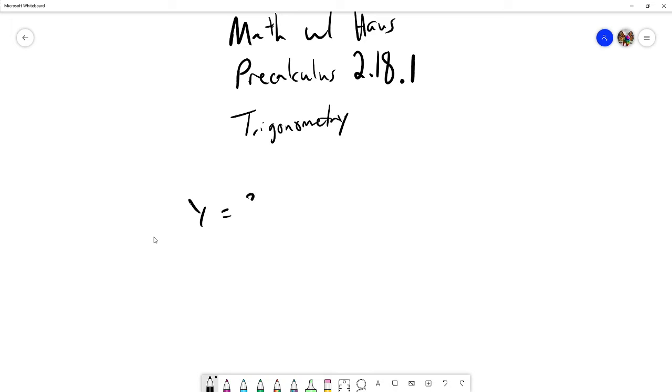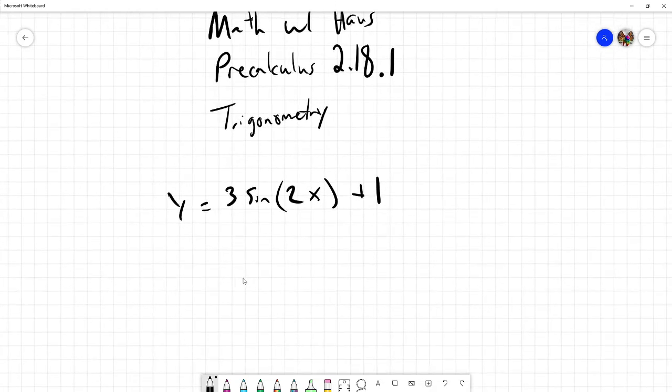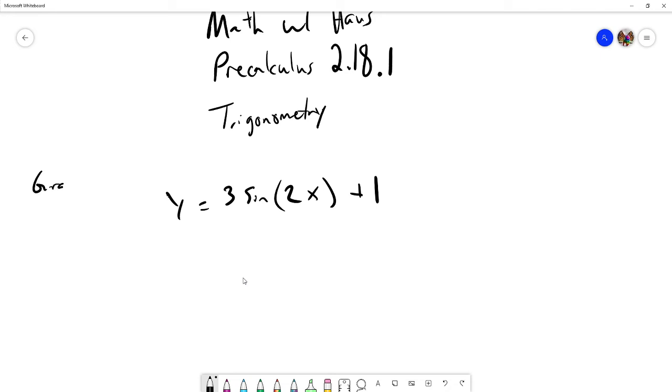The function y equals 3 sine of 2x plus 1. Whenever you're given one of these trig functions with transformations and asked to graph it, the first step is to identify the transformations.